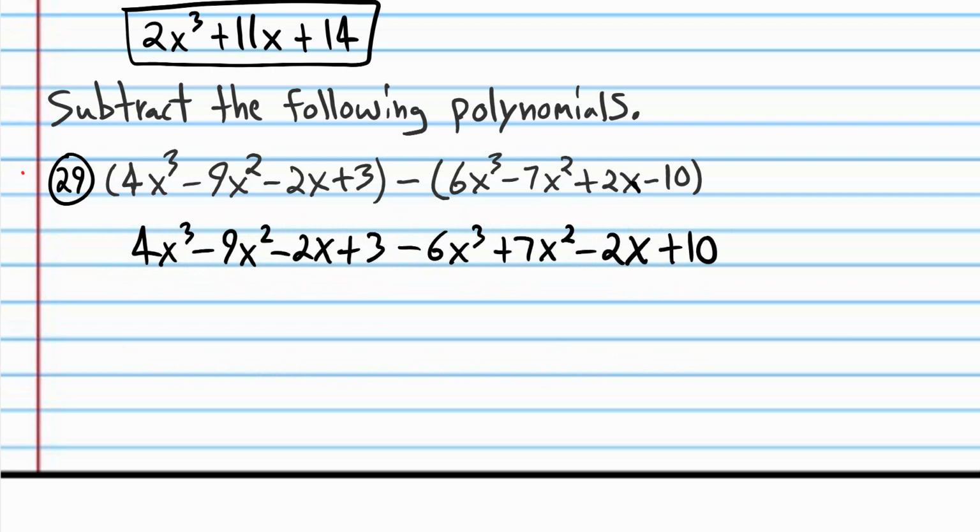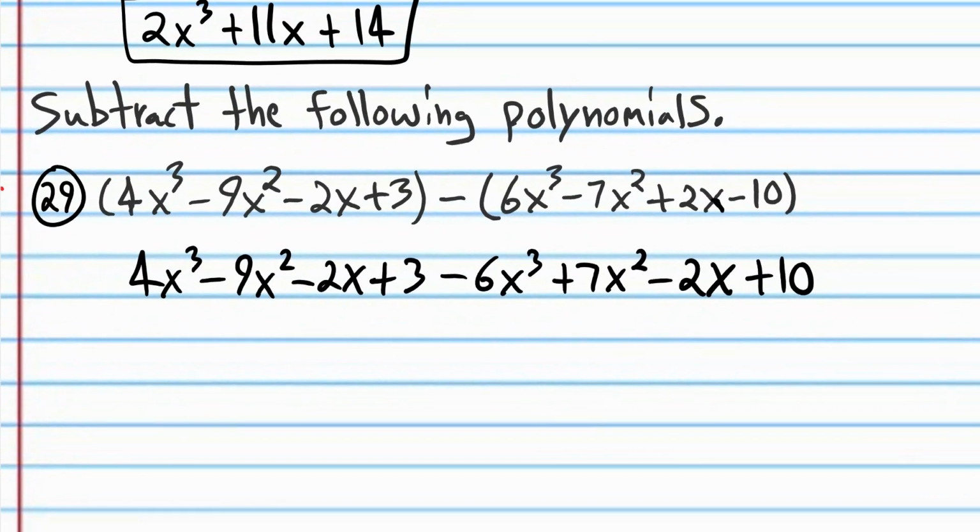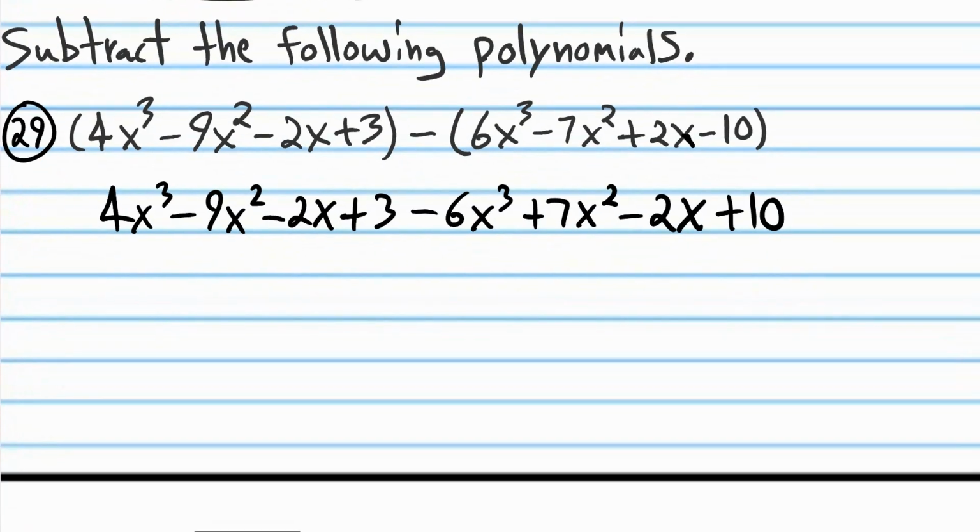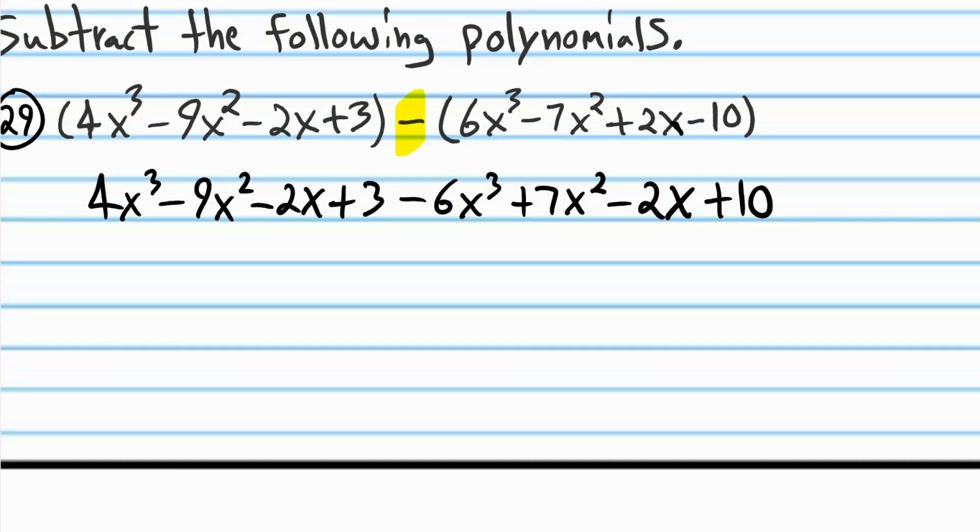But the most important thing to understand is you're subtracting all these terms, which means that all the signs of these terms are going to change. And once that happens, this negative, you can just make it disappear. Now it's important to understand that this negative is not quite the same thing as this negative. This negative applies to all these terms, whereas this negative here only applies to 6x cubed. So that's why we say that this negative kind of disappears, even though it doesn't look like it disappeared. It's still there.